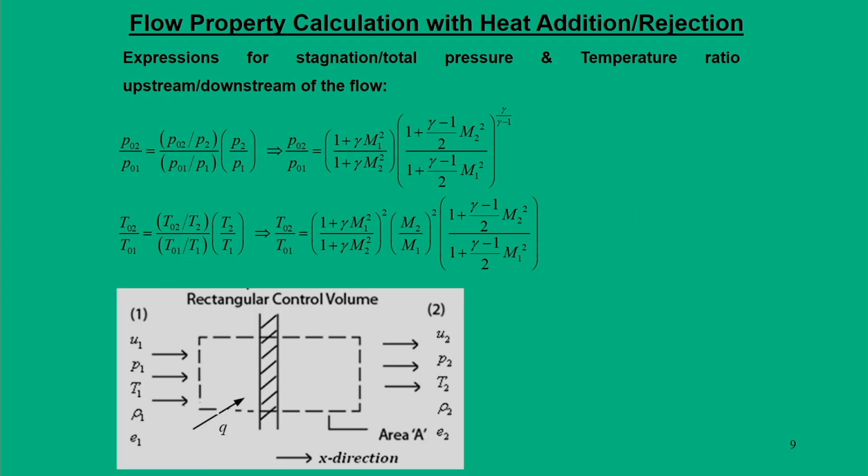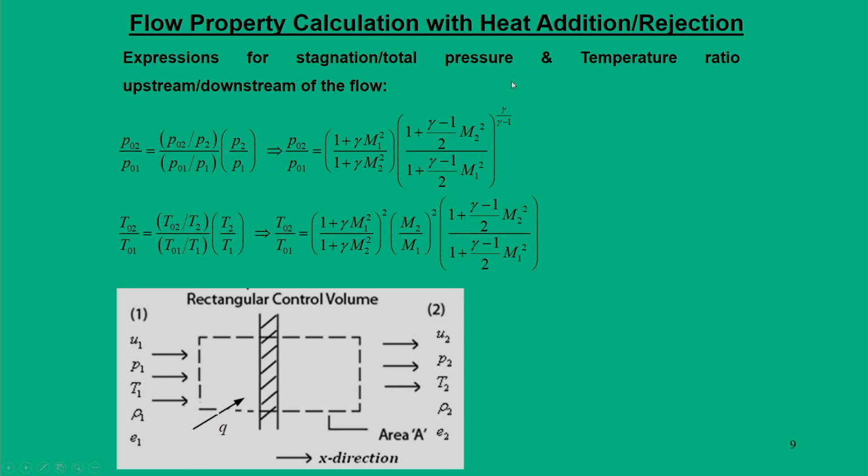This is how we get to know how we are going to evaluate the static flow properties during this process. Now, we will move on to the flow property calculations with respect to stagnation conditions. For stagnation conditions, we are now left with two parameters, one is stagnation pressure, the other is stagnation temperature.